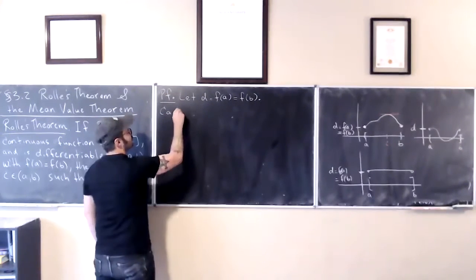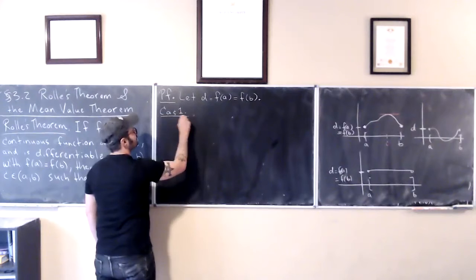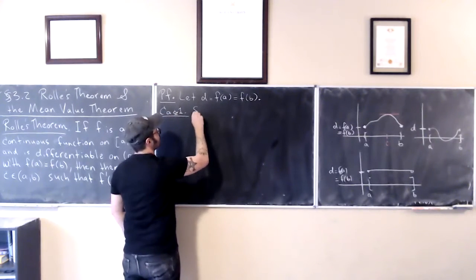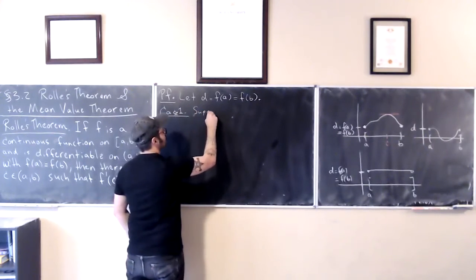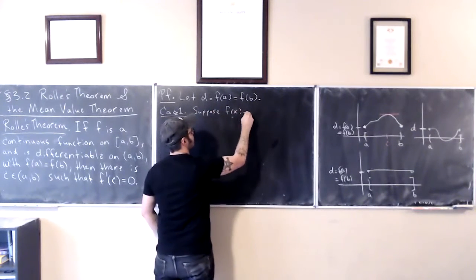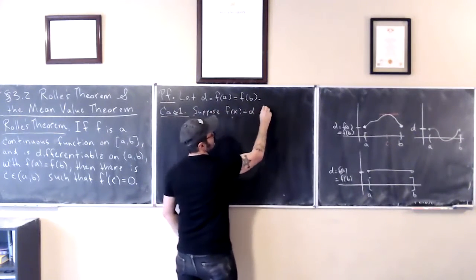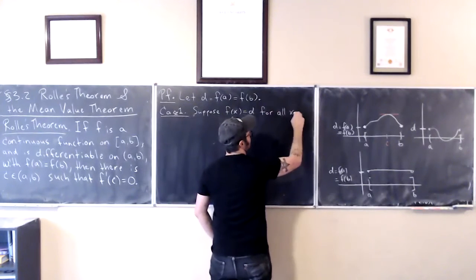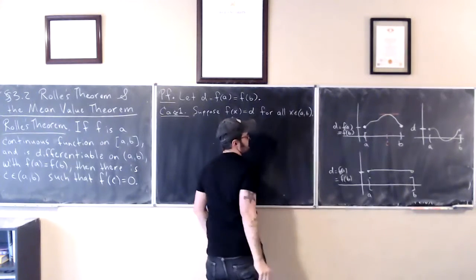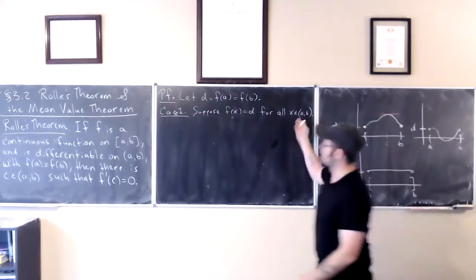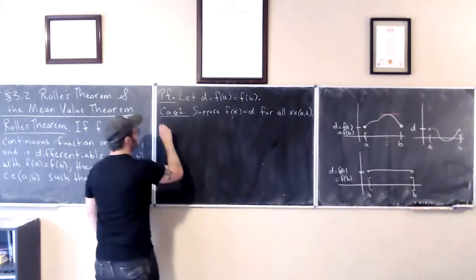So case 1, suppose f(x) is equal to D for all x that are in that interval. Okay, that's this picture. So then the function f is constant on that interval.